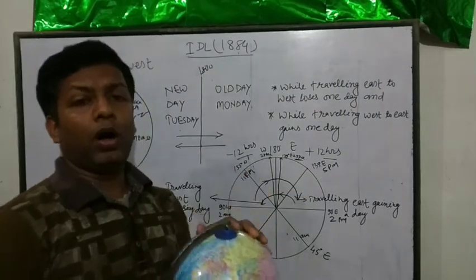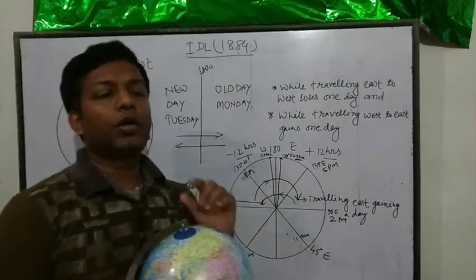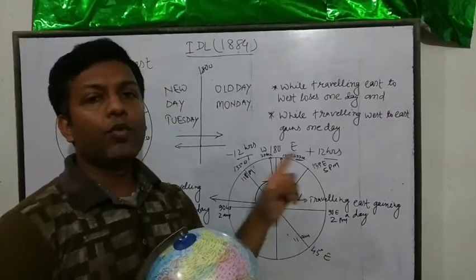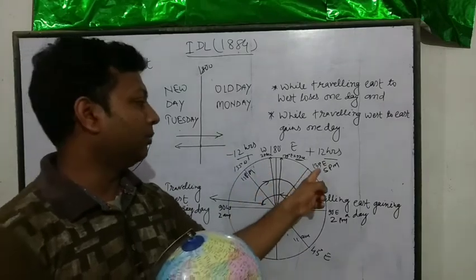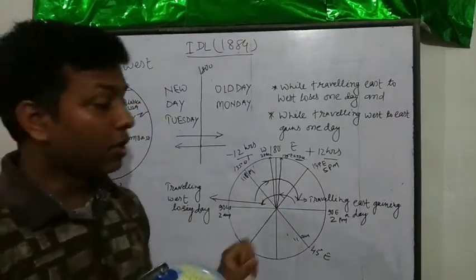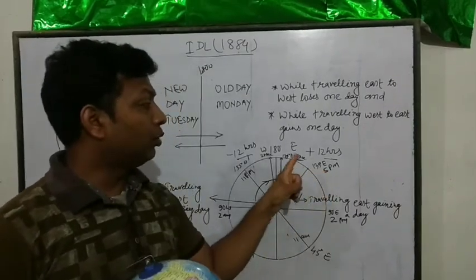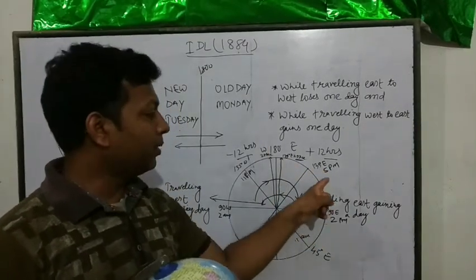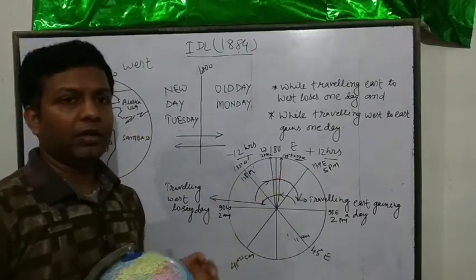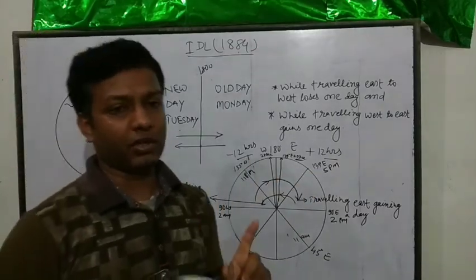So you already know that to complete the semicircle, 135 degree, we have 180 minus 135, that means 45 degree west to complete this circle. So like that, 12 hour difference between semicircle to semicircle, which makes one complete circle.